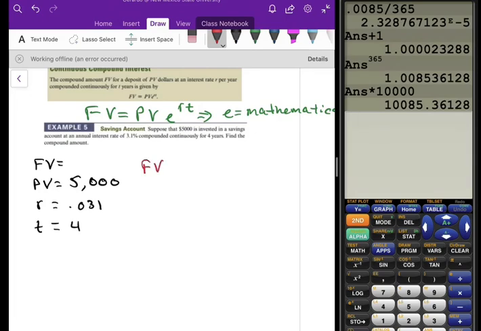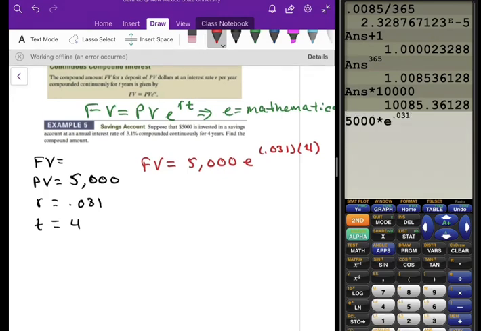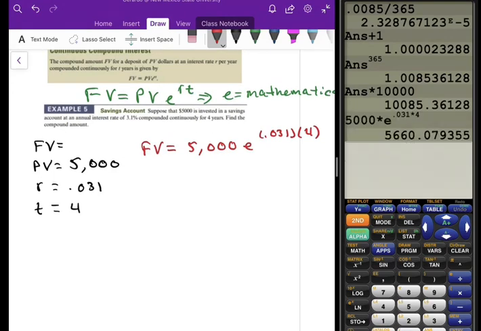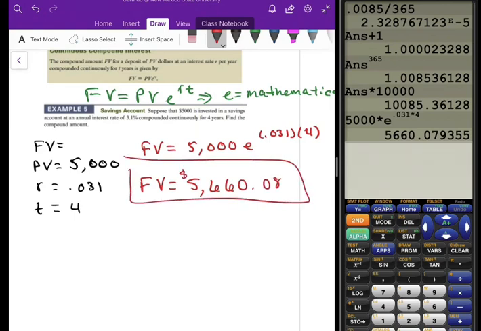We have future value equals 5,000 times e to the power of 0.031 times 4. We put that into the calculator. That means for this one, my future value will be $5,660.08.